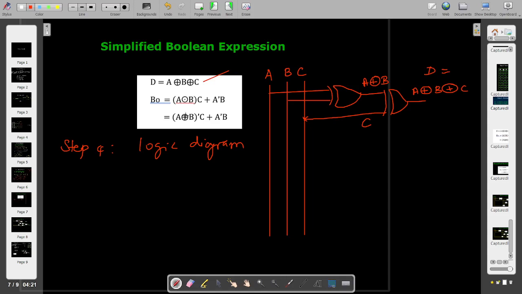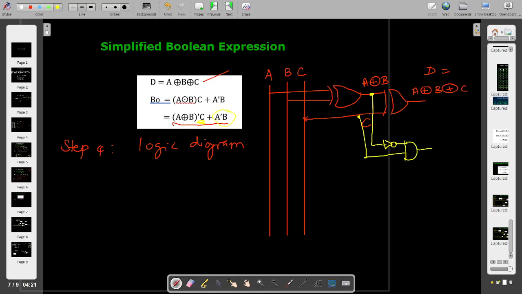Now I am going to draw the B naught. So for B naught I am taking this. What is it? A exclusive OR with B. So I take the connection from this point. This is A exclusive OR with B. And then it is inverted or complemented, so an inverter. Then it is ANDed with the C, right? From this C the connection is taken. It is ANDed, so you get an AND gate here.